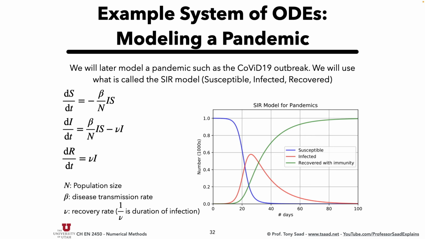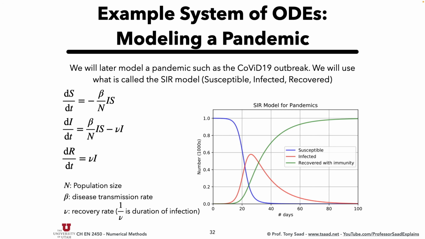We will come to this together, and I'll show you how you can derive it yourselves. This is an example of a system of 3 ordinary differential equations that track people who are susceptible to the infection, that's the variable S, people who are infected, the variable I, and people who have recovered, the variable R.